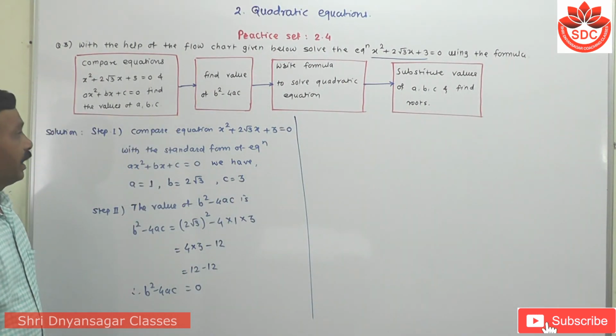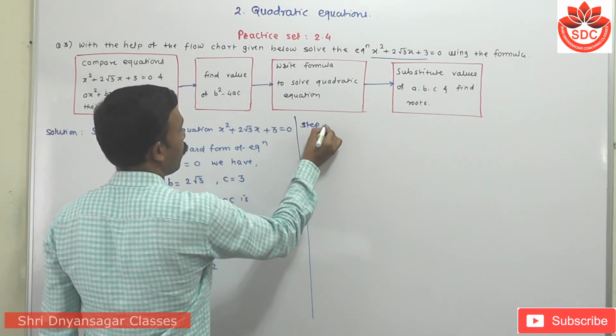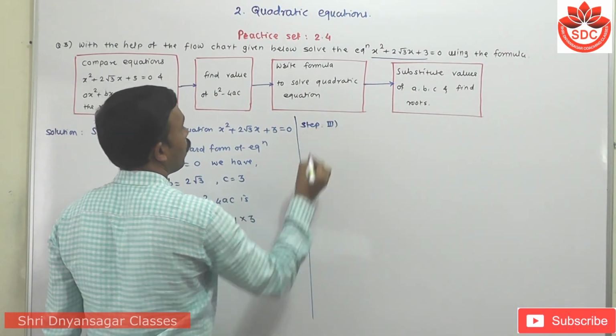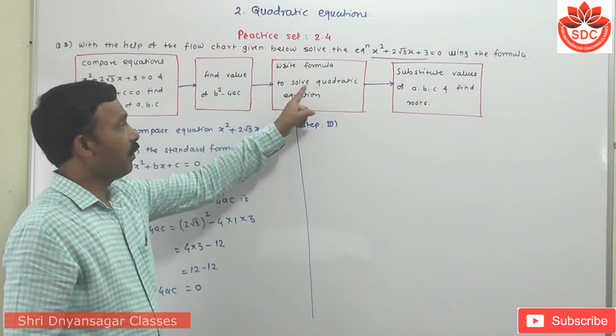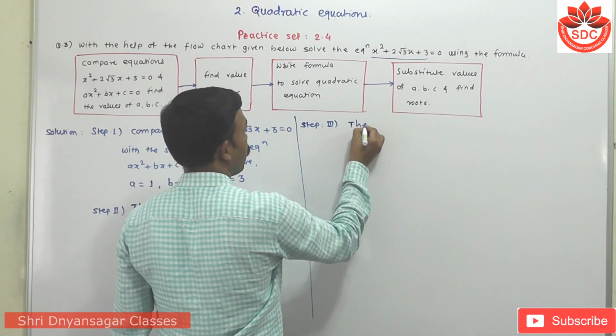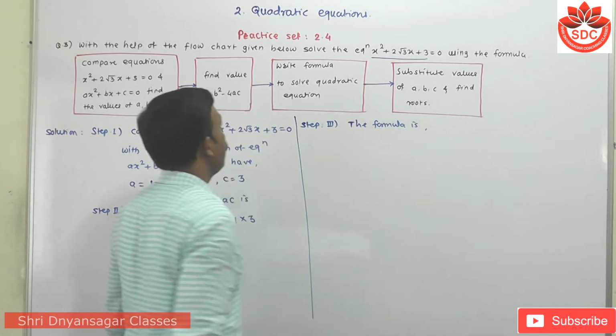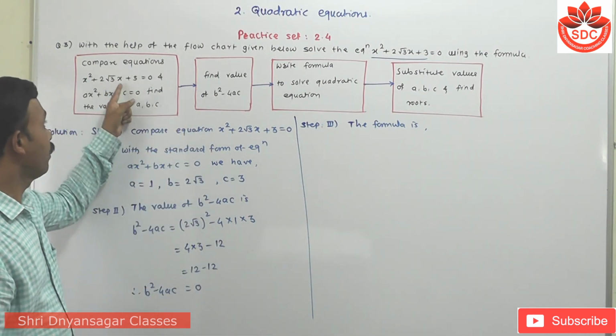Then student, we take the third step. Step third: write the formula to solve the quadratic equation. The formula is, here the variable is x.